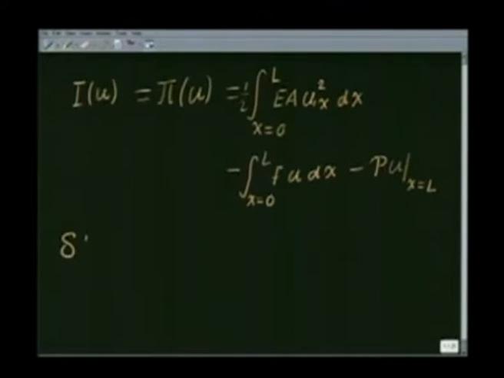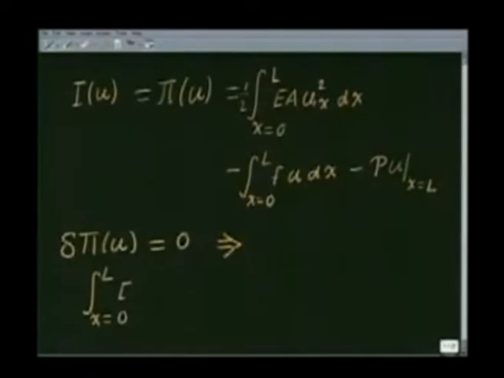So we said the variation of pi of u is equal to 0, as we had defined the operation of variation for functions as well as for functionals.